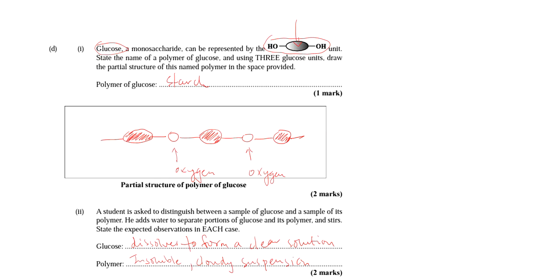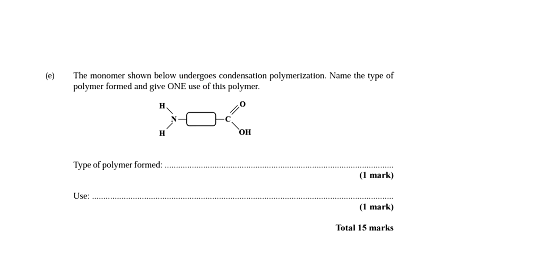Alright, so let's do the last part. The monomer shown below undergoes condensation polymerization. Name the type of polymer formed and give one use of this polymer. Now this is taken straight from the syllabus really. You should review my video on polymers. So we have this monomer here.